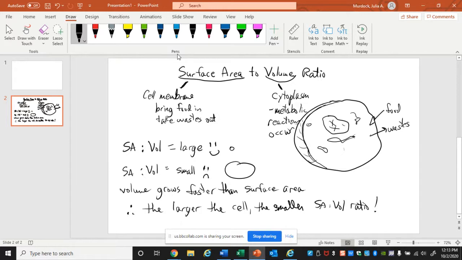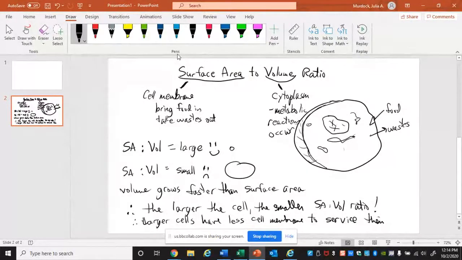And that is because, well, let me just say the result of that is larger cells have less cell membrane to service their needs, to service their metabolic needs. And that's not a good thing. So that's why cells try to find every way they can to increase their surface area, right?